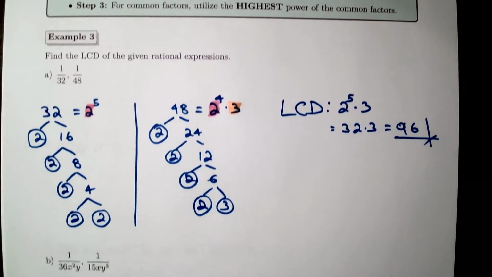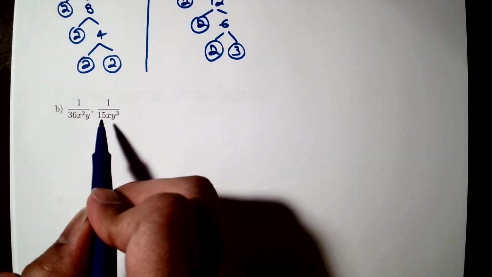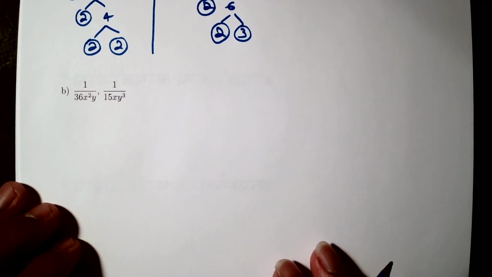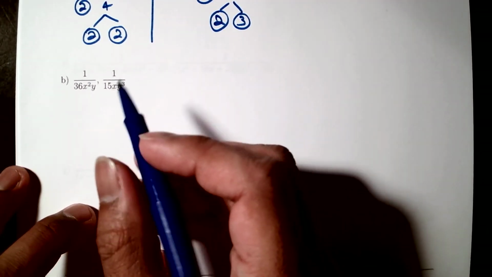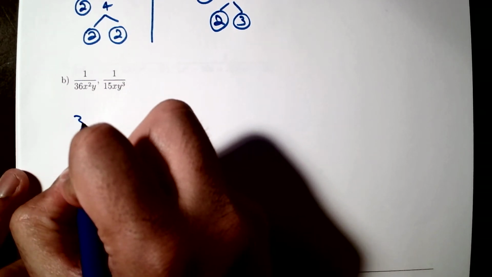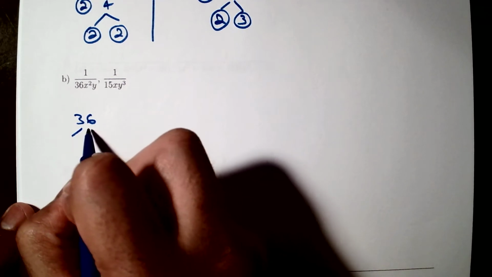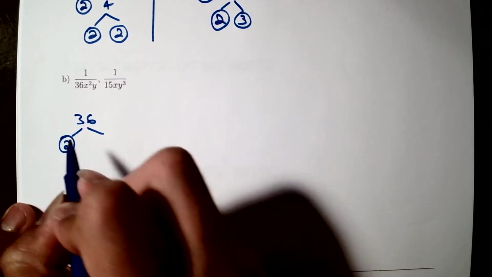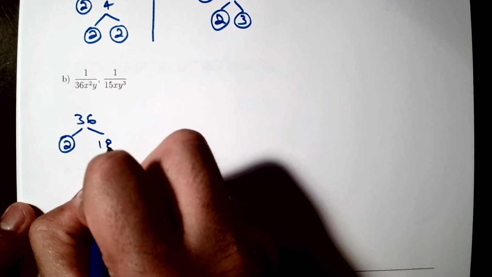All right, let's do another example in which we combine not only numbers but also variables. For the numerical coefficients, we are going to do the same. We're going to do the number 36 and the number 15. The number 36, let's start by dividing it by 2. That's 2 times 18.